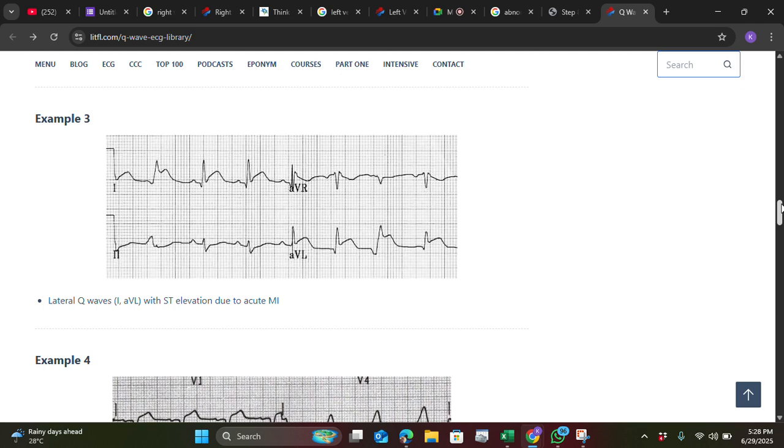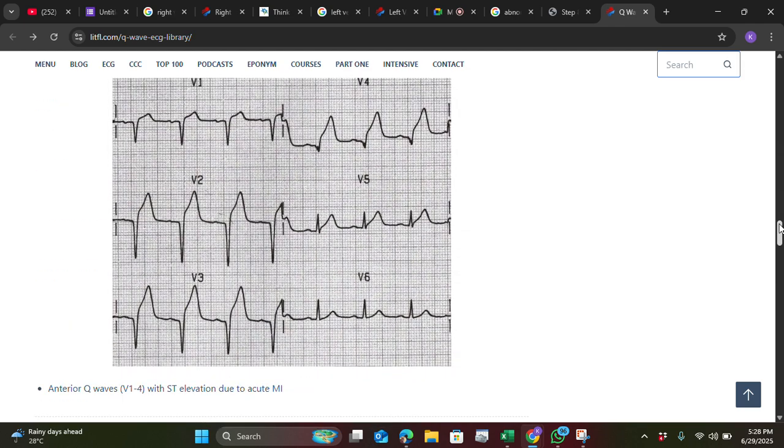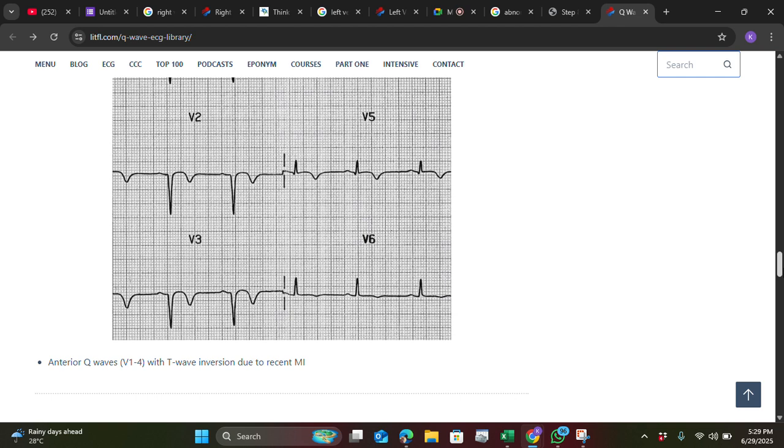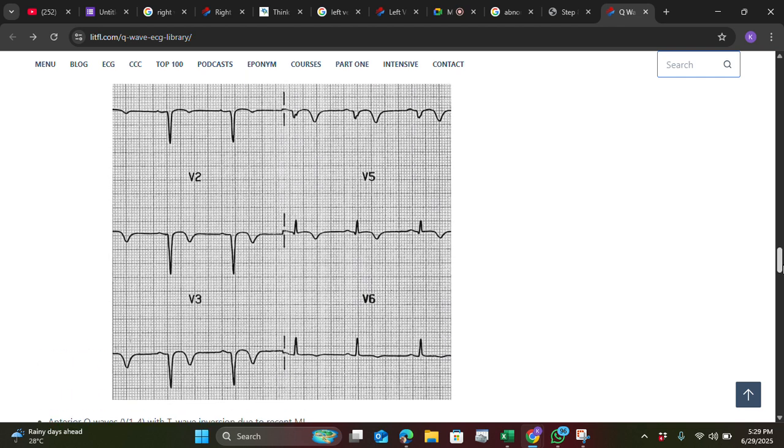Let's see if we see another example of V1 to V4 coming with ST elevation.